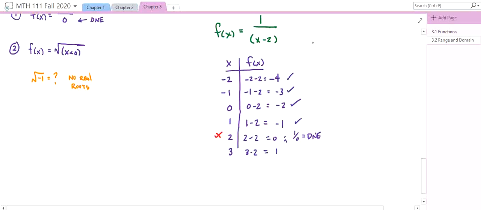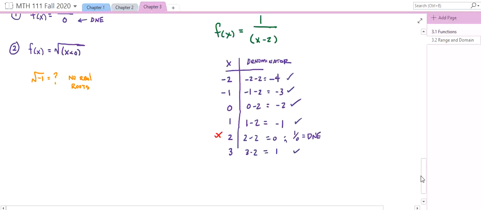This is really just the denominator. We're not worried about the numerator, it's always 1. Well, this is okay. And in fact, any other value of x we stick in here greater than 3 will be fine. We'll be able to calculate that. f of x might start getting really, really small, but we can still calculate it.